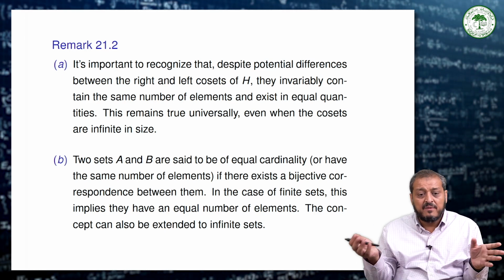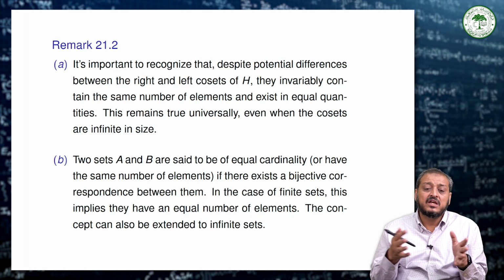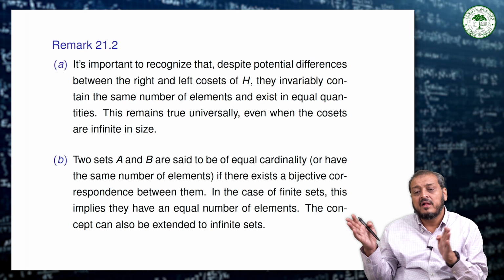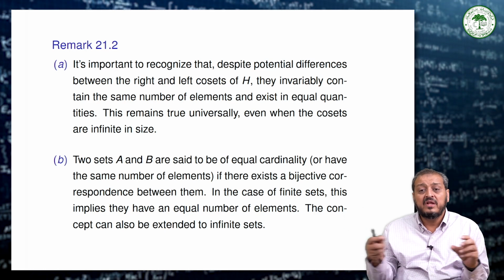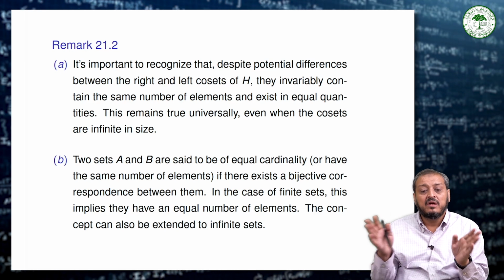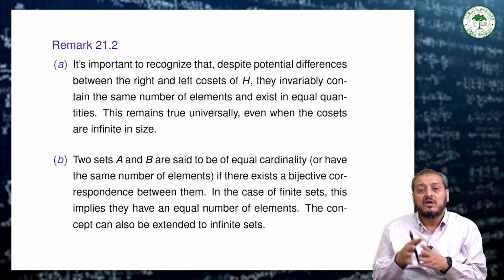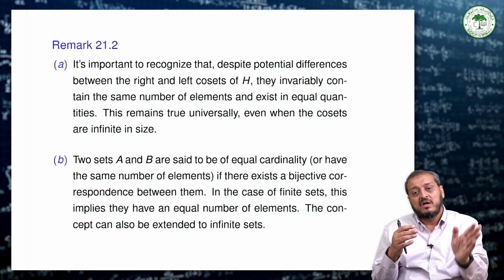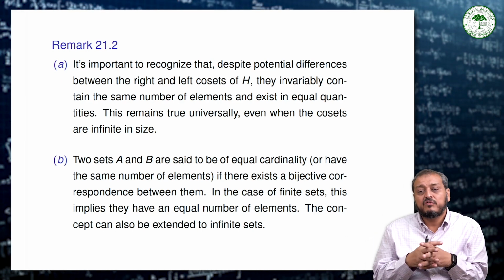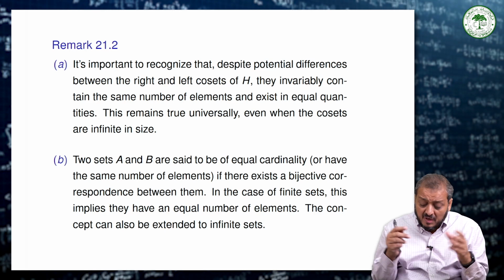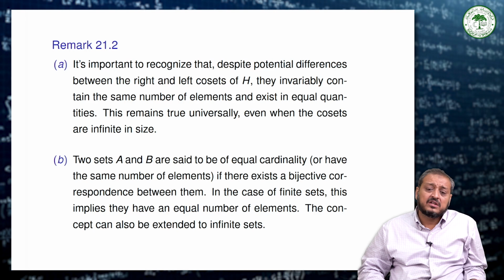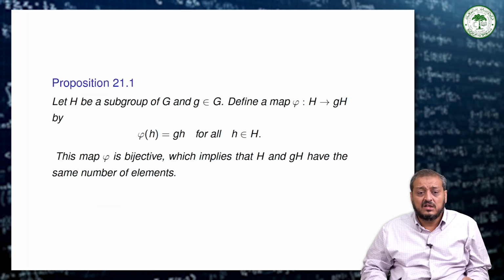So if we have any two sets A and B with a bijection between A and B, then we can say that the cardinality of A and the cardinality of B are the same. This is not only for finite sets, it can be extended to infinite sets also.